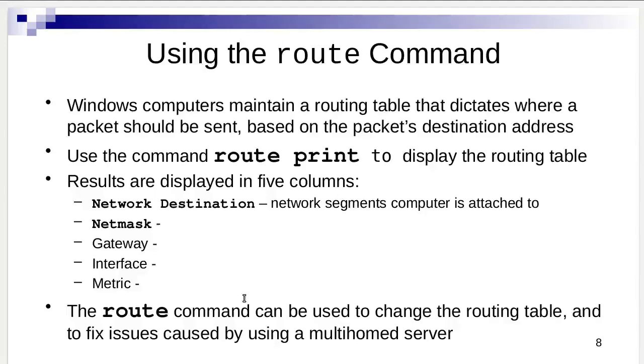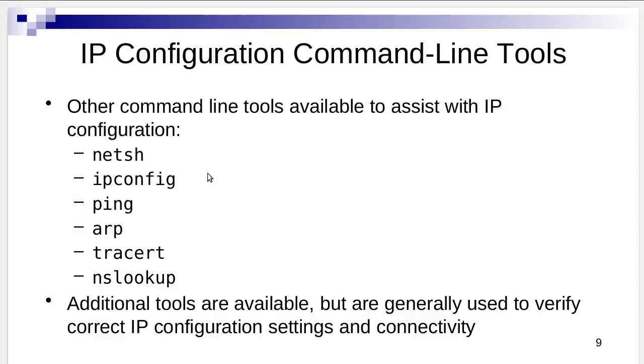So coming back to this, for route print, probably you don't need to run as administrator, but if you want to do things like change the routing table, then you would have to open up a command prompt as an administrator and then use the route command and change the routing table. Then that would become possible. There are other commands that also require you to run the command prompt as an administrator.